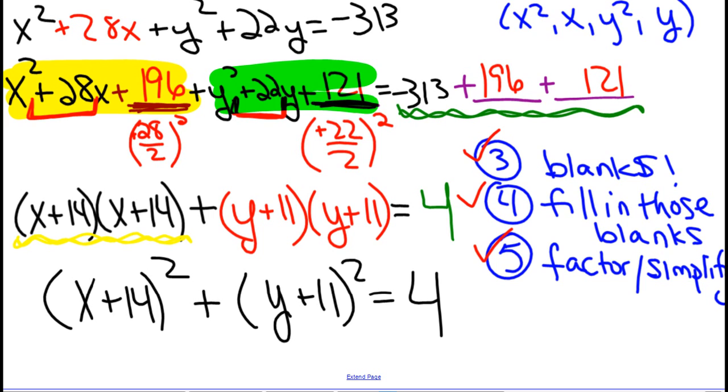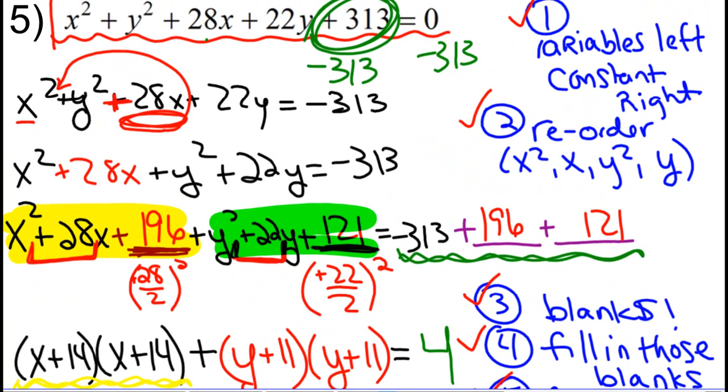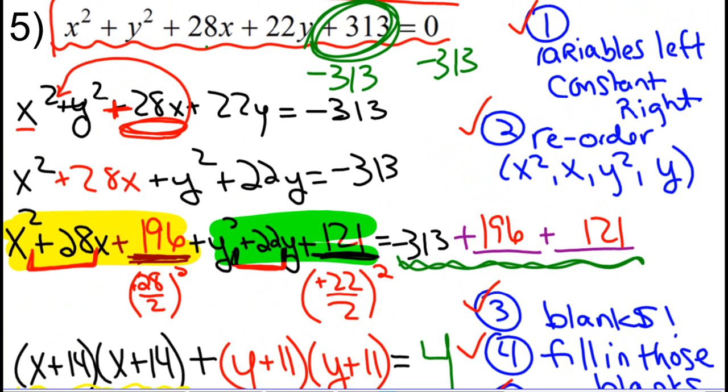So we get x plus 14 quantity squared plus y plus 11 quantity squared equals 4. And so we went from all the way up here at the very top, this crazy looking equation, the x squared plus the y squared plus the 28x plus the 22y plus the 313. We have no idea what our center is, no idea what our radius is.